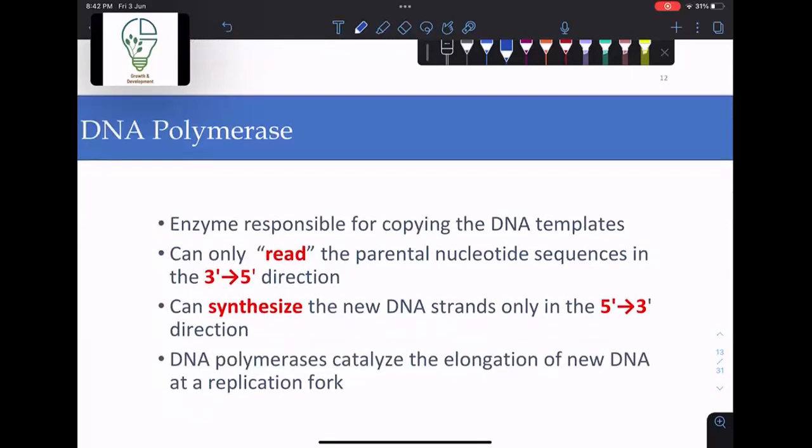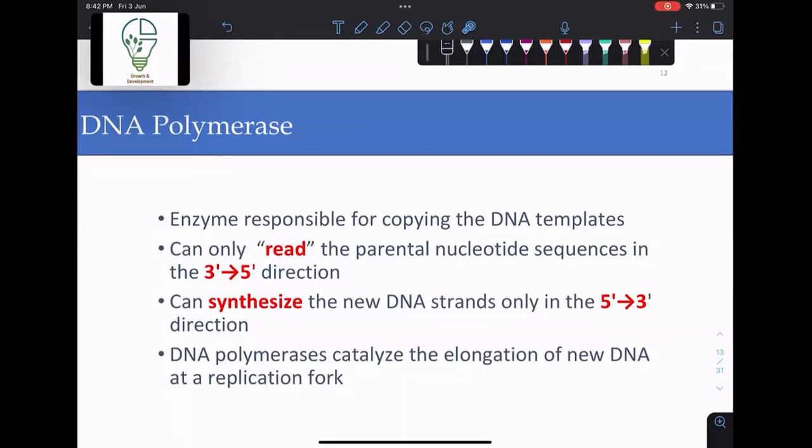Now, DNA polymerase. Okay, so we have so far talked about opening the replication fork and opening the double helical structure. Now let's move on to actually copying the DNA. We have the DNA, it was double-stranded at first, now there are 2 single strands. Now let's focus on how to copy this DNA and make new DNA. So there is this enzyme called the DNA polymerase, okay?